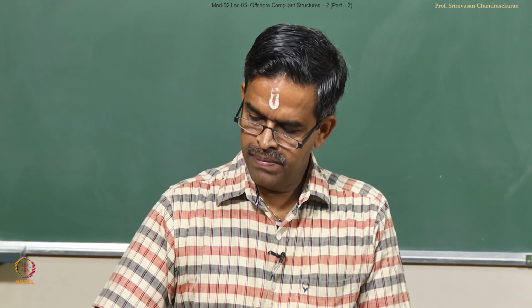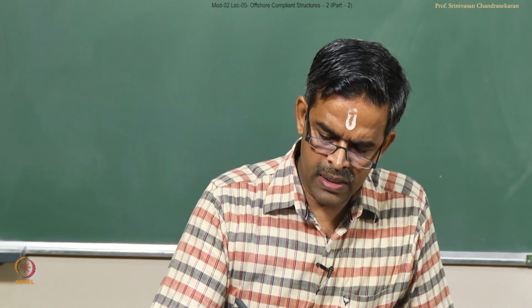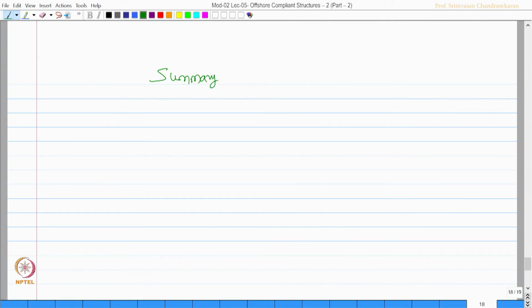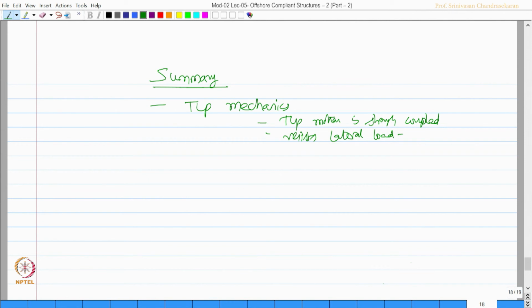So, friends, in this lecture we have overviewed the TLP mechanics and understood the form dominance characteristics of TLP. We realize that TLP motion is strongly coupled and it resists lateral load by geometric form. So, we say it is form dominant design.